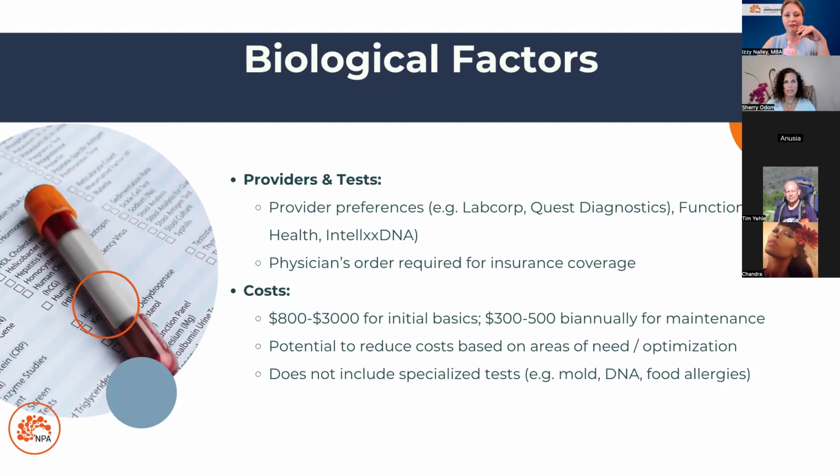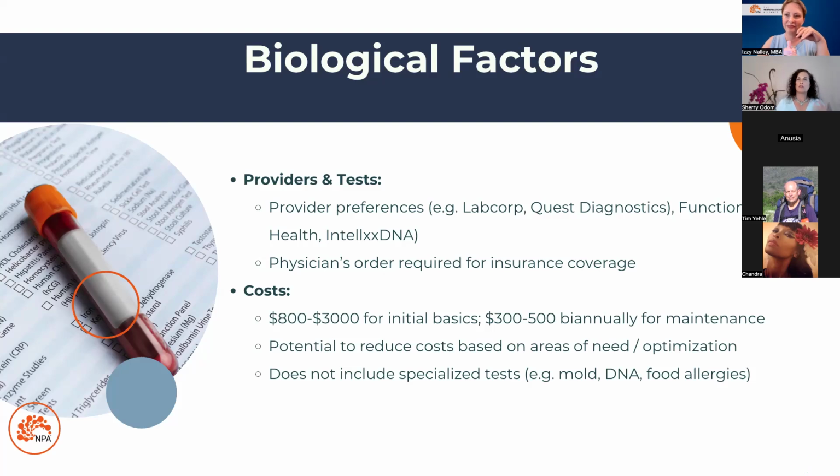process for myself, because I was having some significant cognitive issues. Turned out to be hormones, turned out to be my thyroid. And once I got that into balance, my cognition returned. But I was worried about mold, so I went ahead and did the mold test because my house had flooded previously.